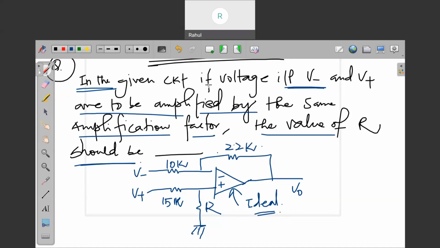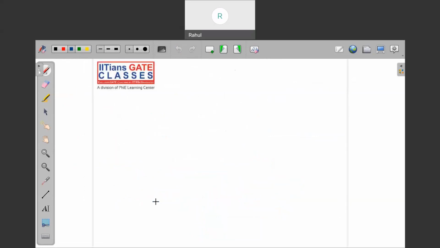So how to find the value of R? They have given everything. Both are inputs, V negative and V plus. There are two inputs, so we have to apply superposition and find the amplification factor for each. What is the amplification factor of any amplifier? You must know these things.